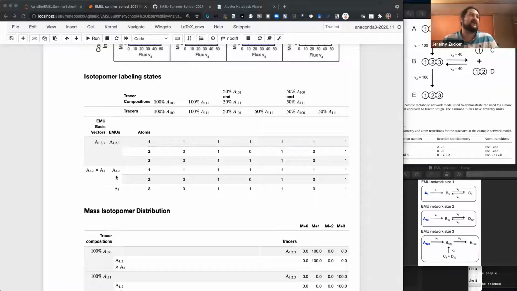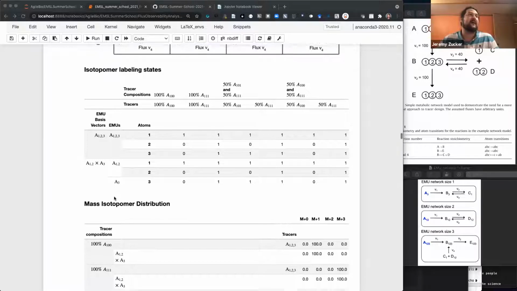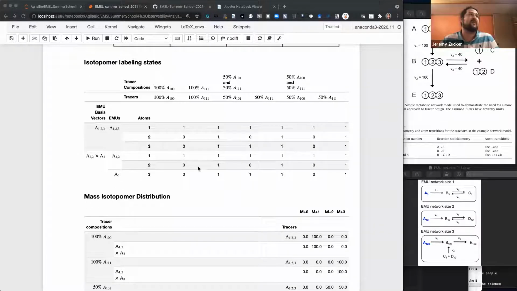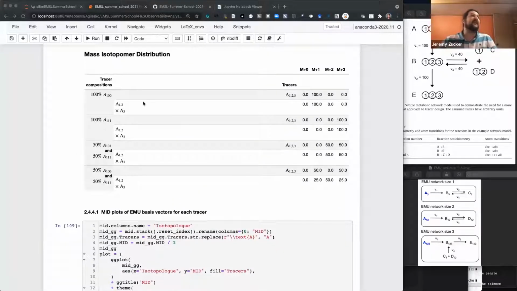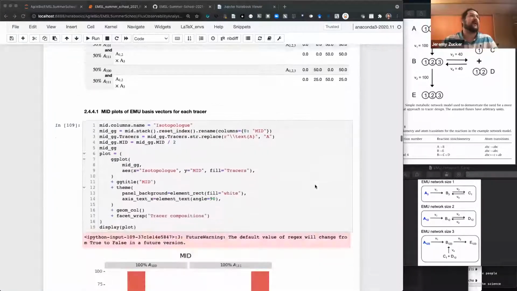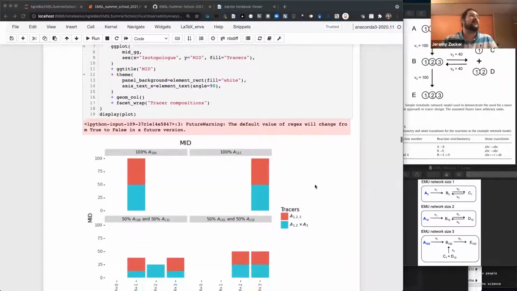A123 is just by itself, but A12 convolved with A3, I can separate those EMUs out by themselves and show which ones are. I got some indentation issues here, but then I can calculate their MIDs. So that's exactly what they did up there. And then I can plot them.